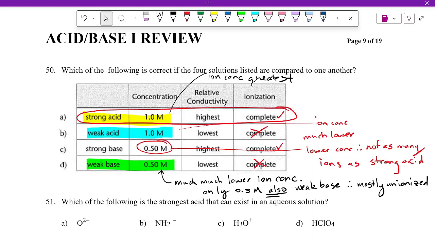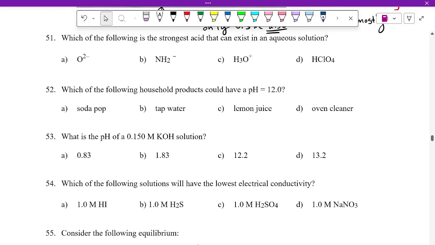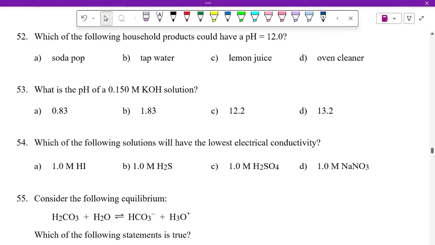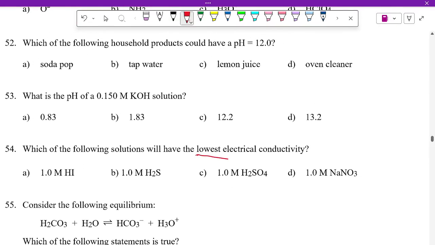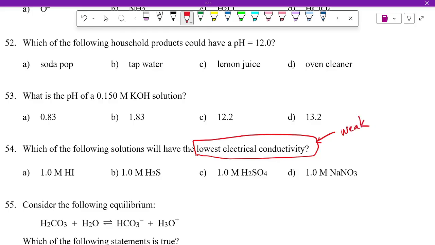Number 54. Which of the solutions will have the lowest electrical conductivity? So we are looking for something that is weak, yes?